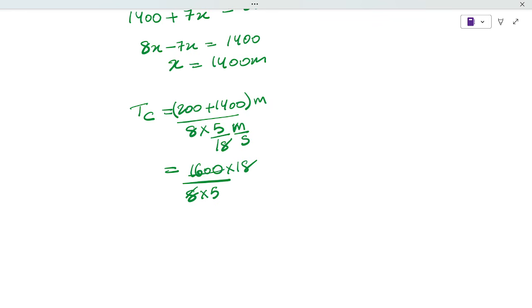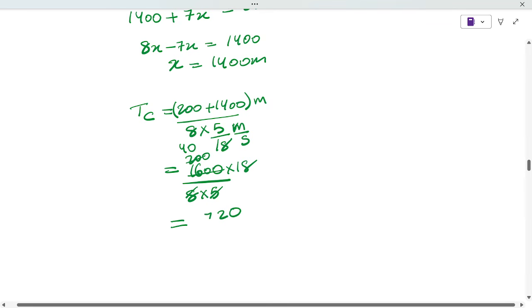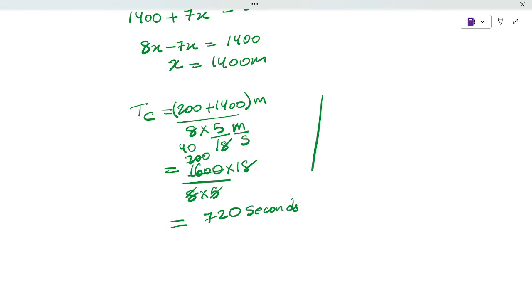8 how many times in 1600? 200 times. 5 into 200 is 40 times. So here 18 into 40 will give us 720 seconds. But as per the question, they are asking us to convert in terms of minutes.